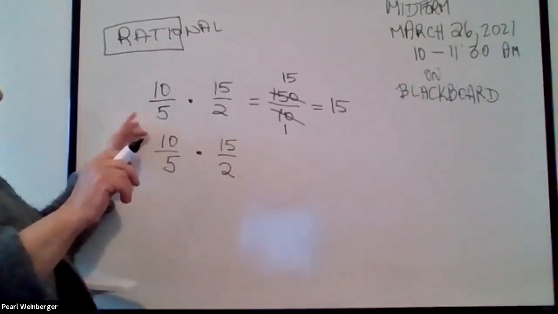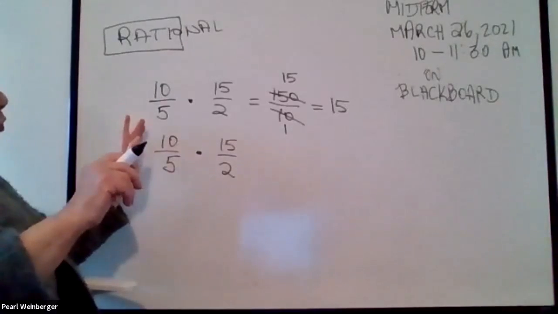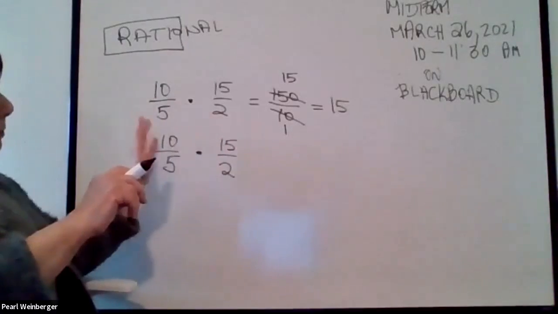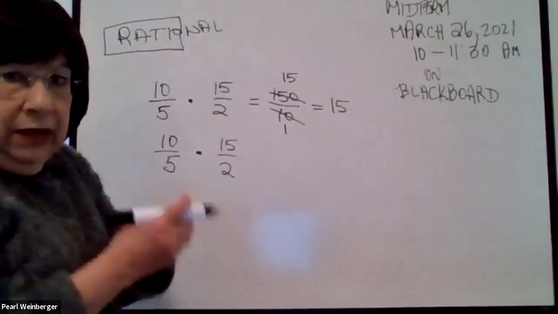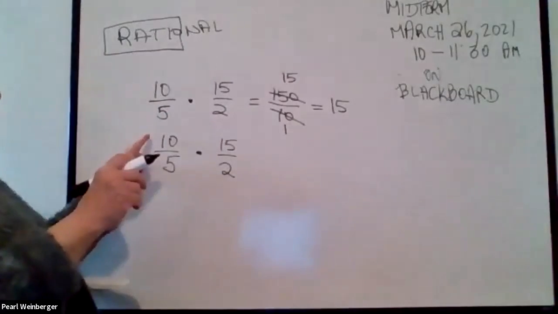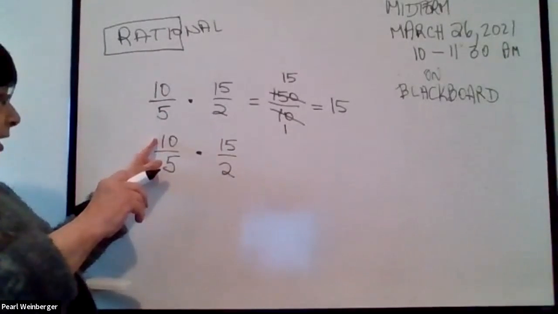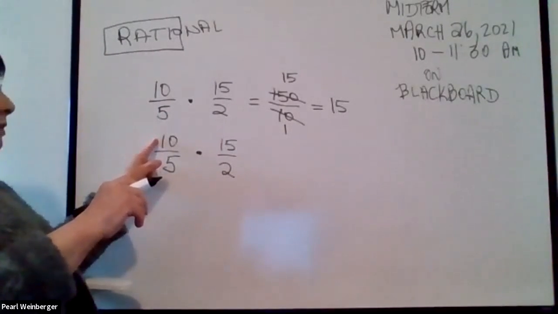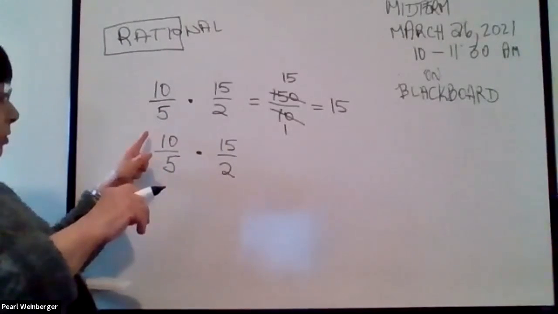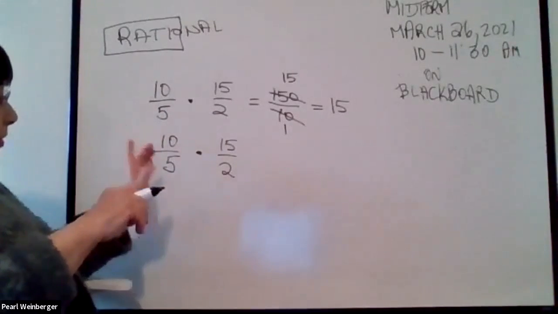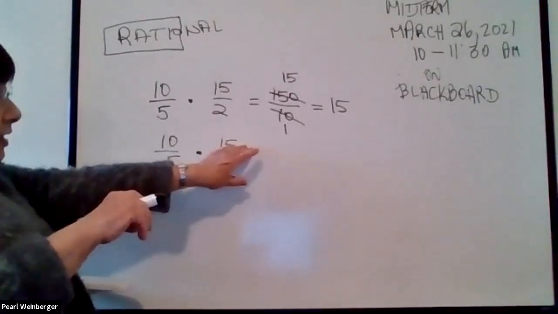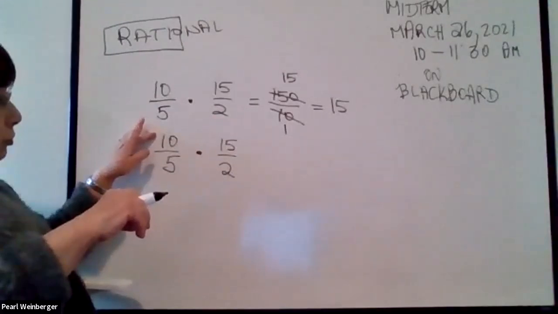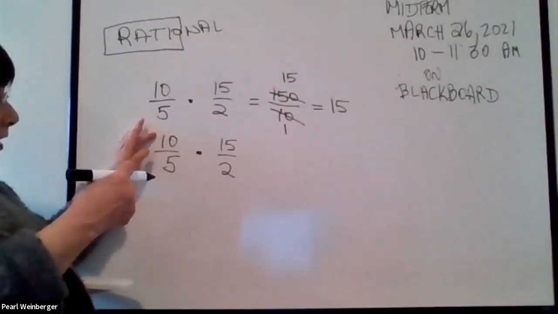Now, it could be in the same fraction, or it could be in the opposite fractions. It just has to be a numerator with a denominator. So if I look at this 10, is there a common factor with anything with a 10 from the two bottoms? Can't be from the 15, because that's another numerator. This is a numerator, I have to find something in the denominator.